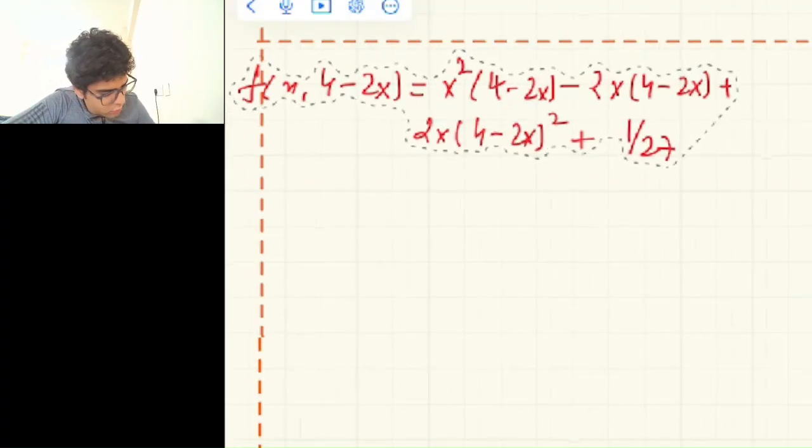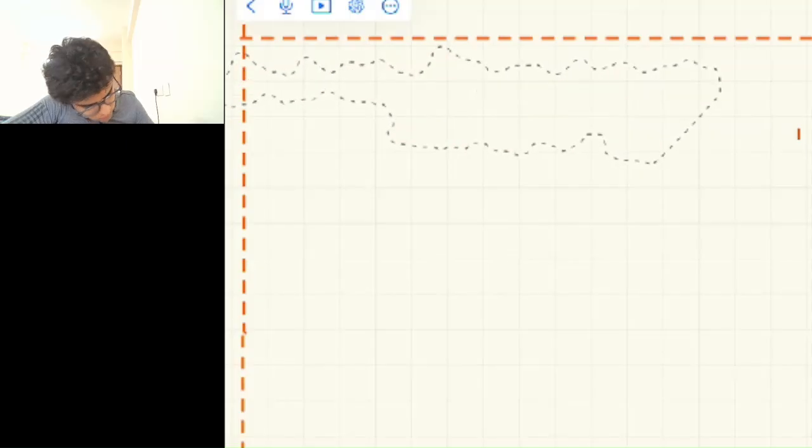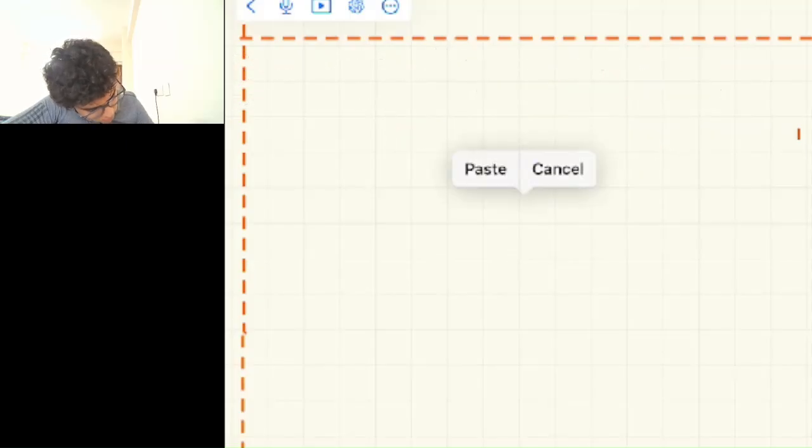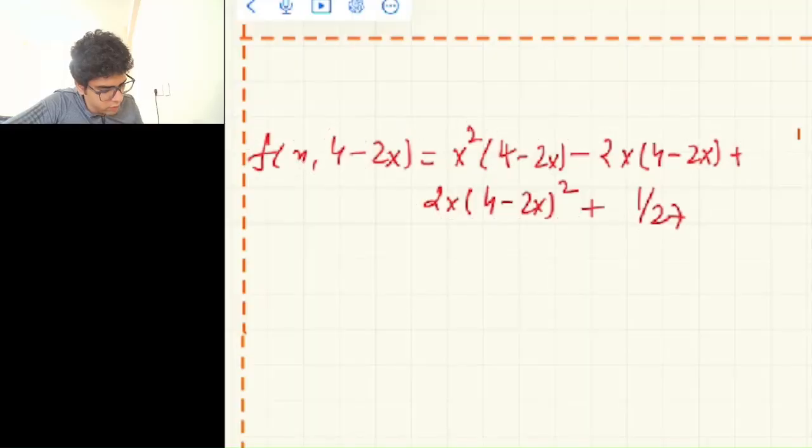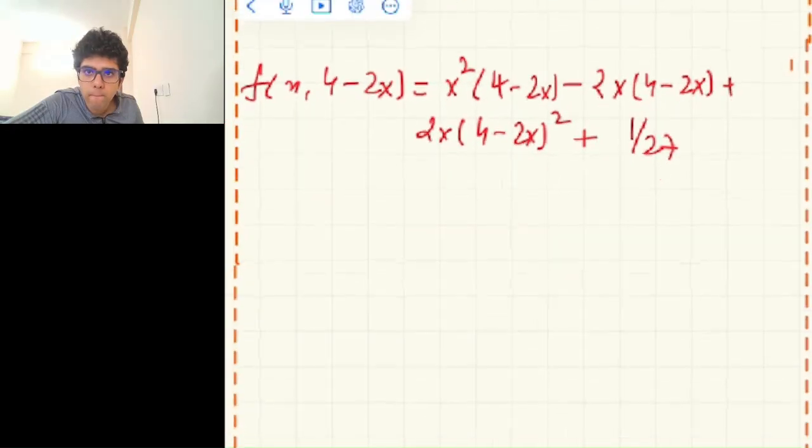I don't know why this is not moving. Yes, so this was my function, right?